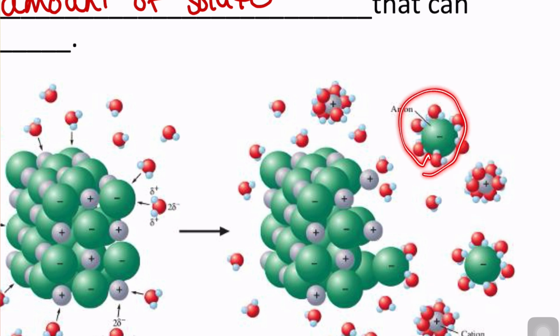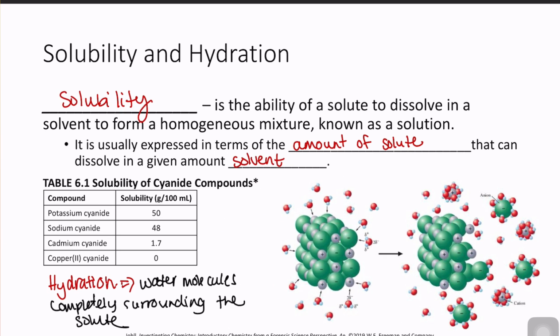And this process of breaking it apart and surrounding it is hydration. And that is when something is going to be soluble in water. You are going to have the water molecules completely surround the solute.